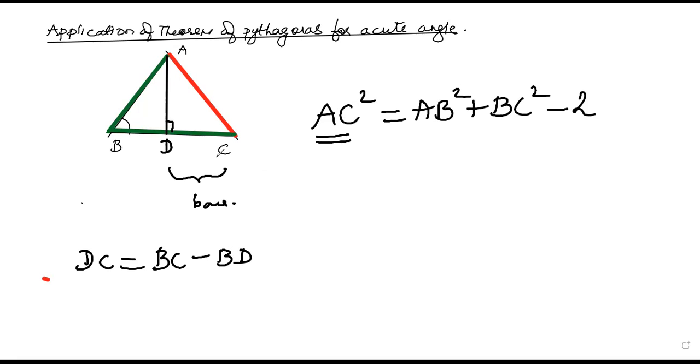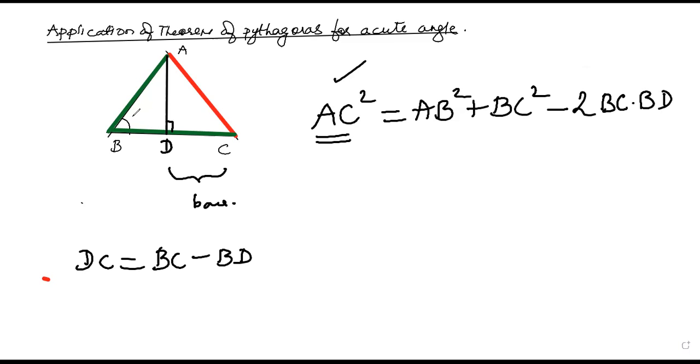Triangle ADC, Pythagoras theorem use करके AC square लाने के लिए. उसका बेस DC. ये DC को BC minus BD. माइनस साइन आ रहा है ना, इसके लिए minus 2 and product of these segments which are involved in the splitting of DC, BC and BD. Are you getting me, children?